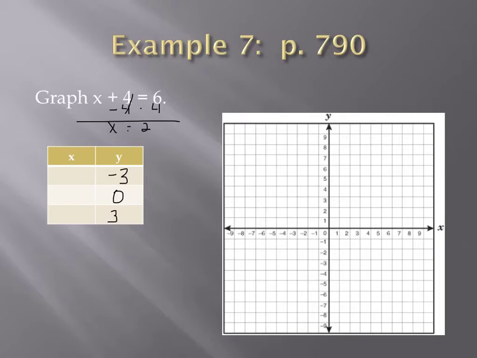Well, there's nothing to plug in for the y, and my equation is saying x is 2. Regardless of anything, x is 2. So when I graph this, I have (2, negative 3), (2, 0), and (2, 3).